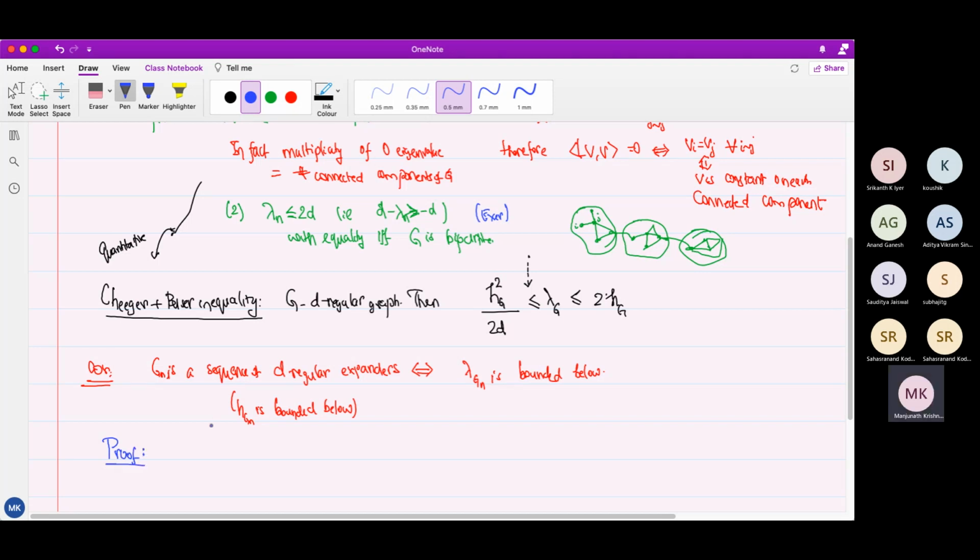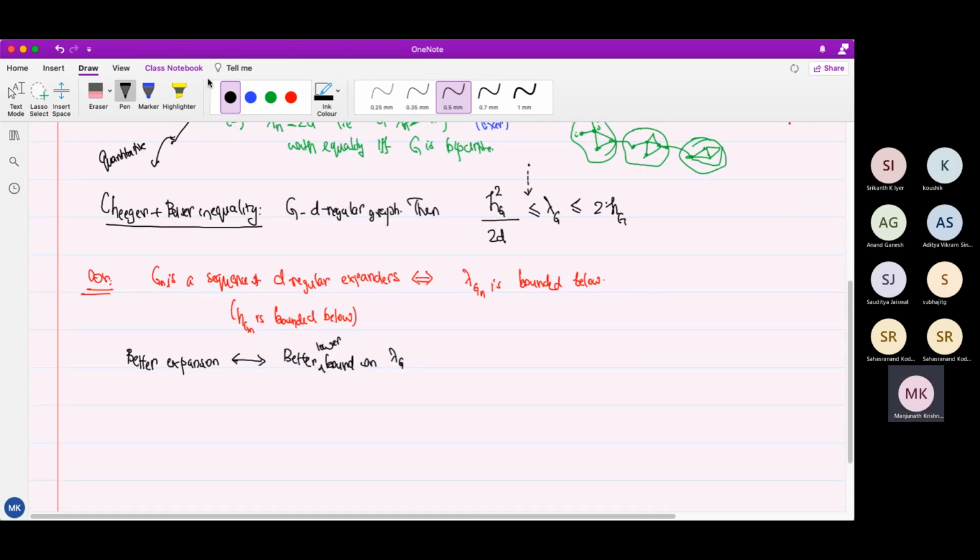So let's see a proof of this. It's a very important one. Maybe I say a couple of other theorems first, and then it will be more clear. The more the expansion is bounded below, the better the lower bound on lambda sub g.